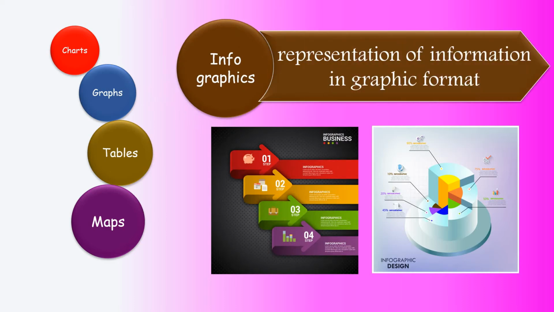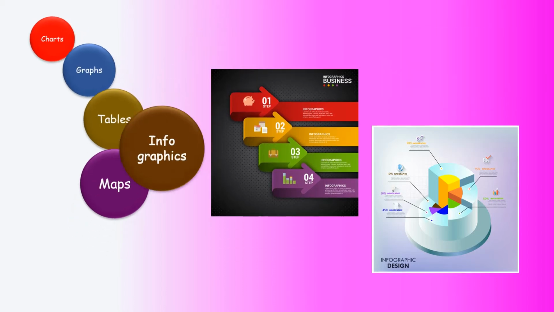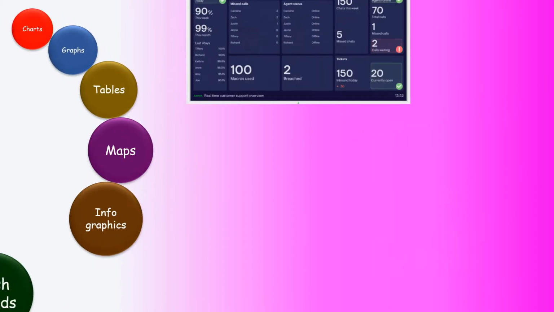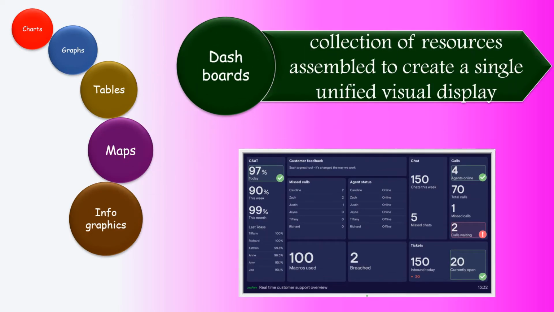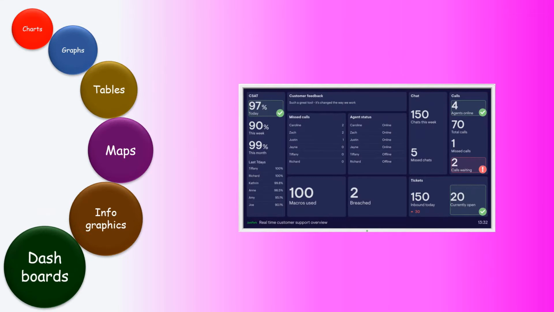Infographics are representation of information in graphic format. Dashboards are a collection of resources assembled to create a single unified visual display. All these forms help us to communicate information and data visually to the users.